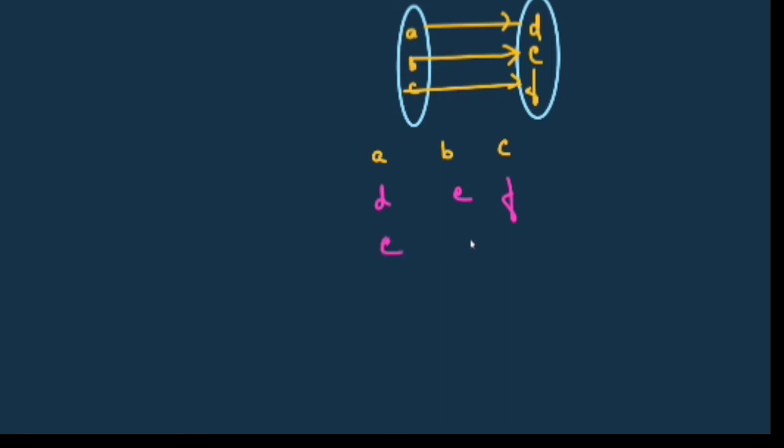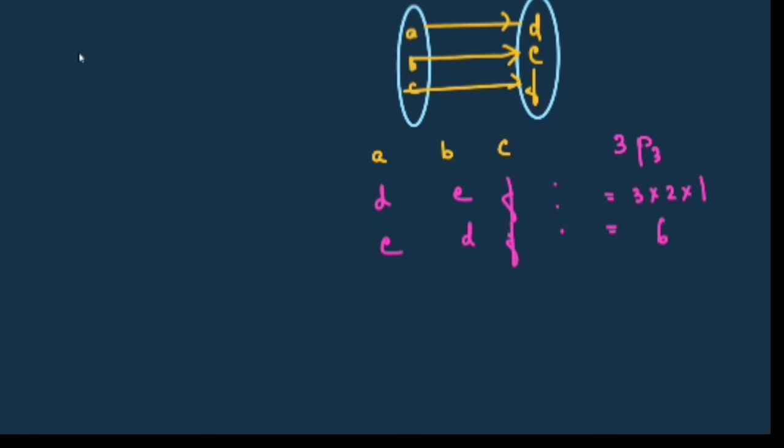So it may be E, D, F, and so on. How many arrangements? There are 3 elements and 3 places, so it will be 3P3, that means 3 into 2 into 1, which is equal to 6. So if there are 3 elements here and 3 elements here, it will be 3P3.